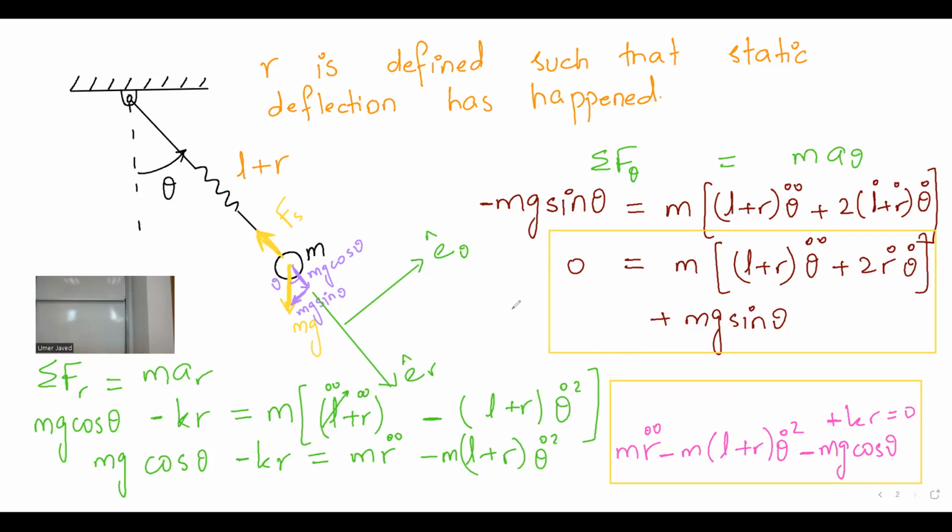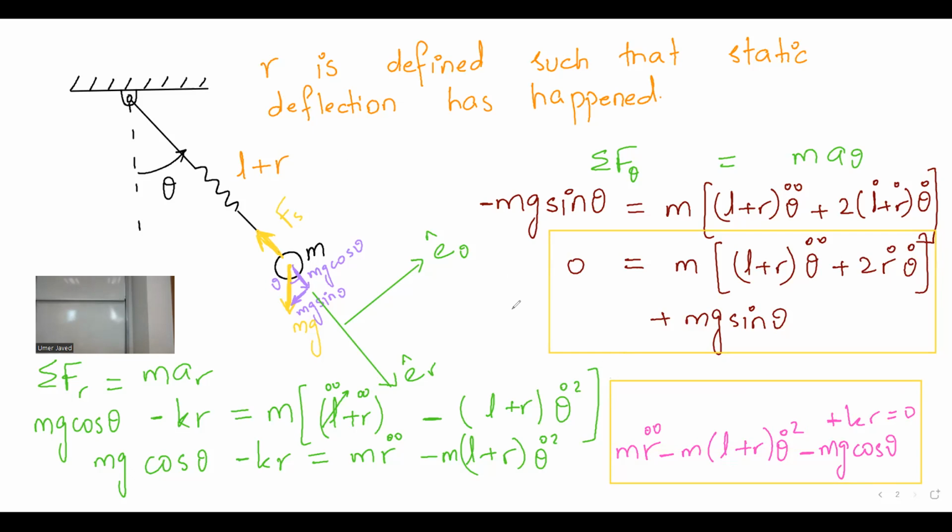What happened? You can always ask me. I asked hocam why r double dot is not zero. I will tell you why it's not zero. Because at the end of the day we have a spring, right?